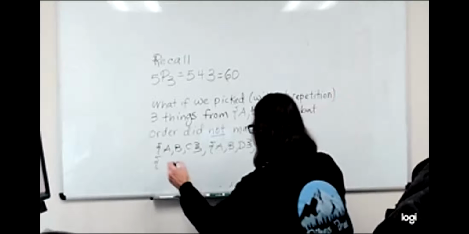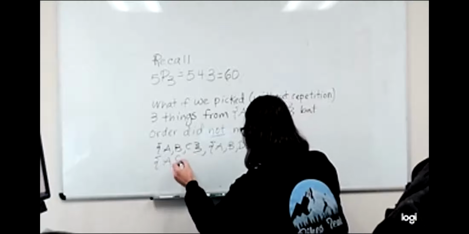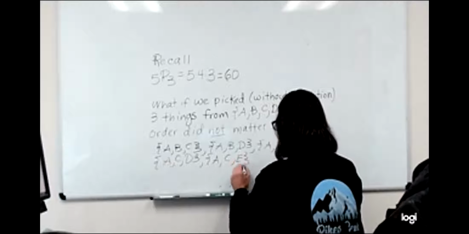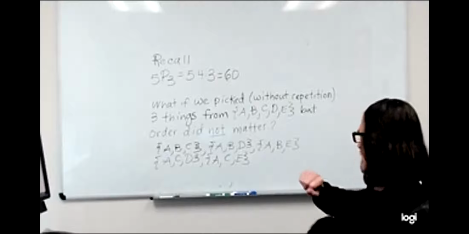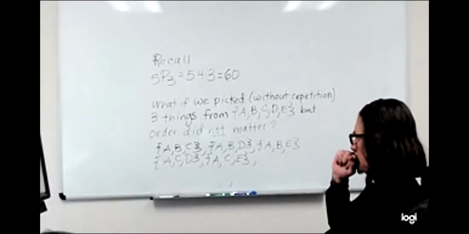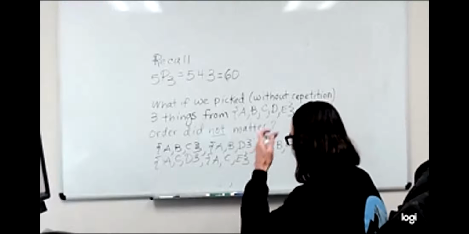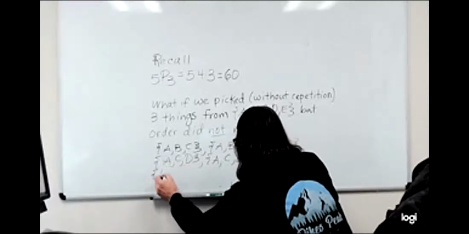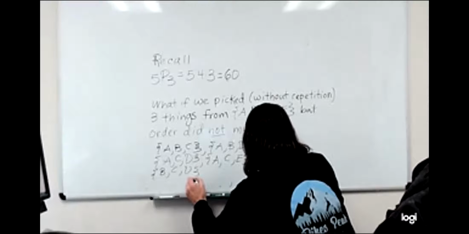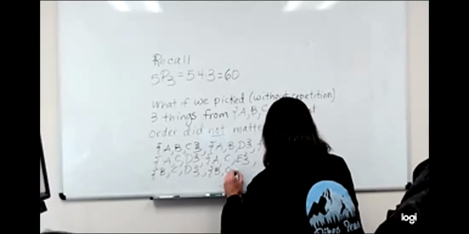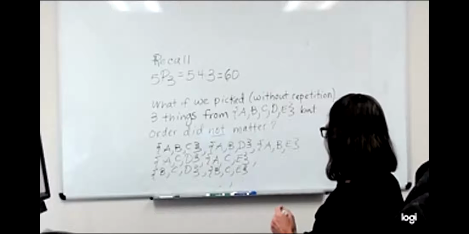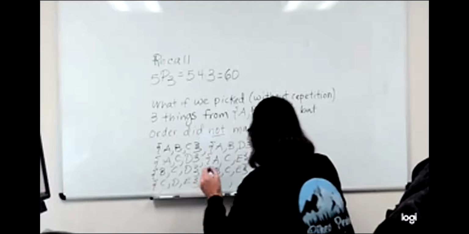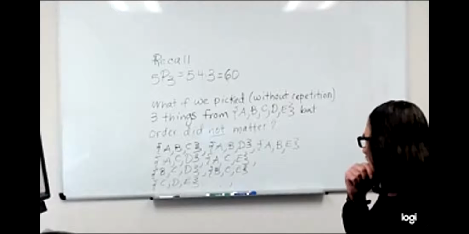How about A, C, and D, A, C, and E. Then let's go with B, C, and D, B, C, and E, C, D, and E. So far, I have 8.